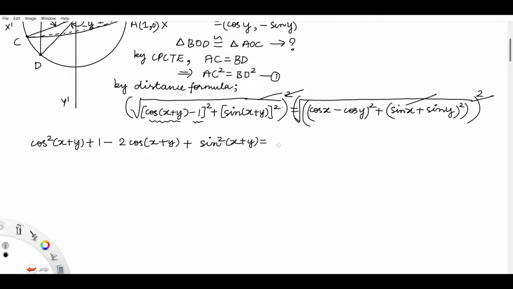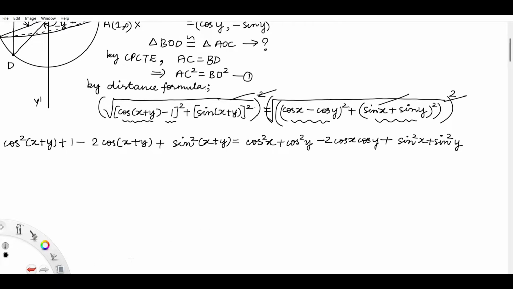On the RHS, we have to expand this and this. So let us expand using the a minus b whole square and a plus b whole square formulas respectively. So cos square x plus cos square y minus 2 cos x cos y plus sine square x plus sine square y, and here it is going to be plus 2 sin x and sin y.